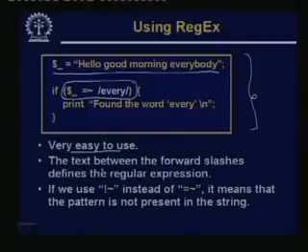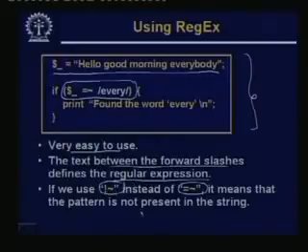As I had mentioned, the text between the forward slashes defines the regular expression, and here we are using =~ to check if it is present. Now, as an alternative we can use !~, which means the negation of the condition. This means that the pattern is not present in the string.